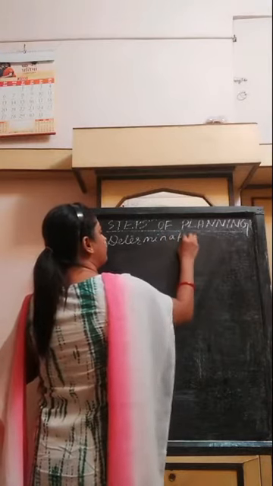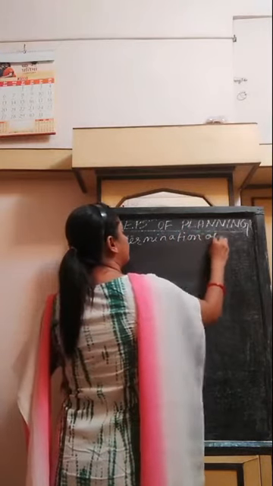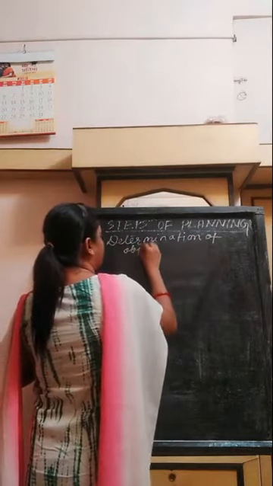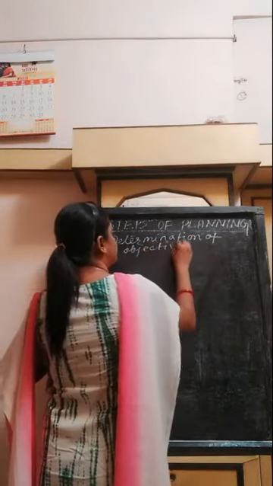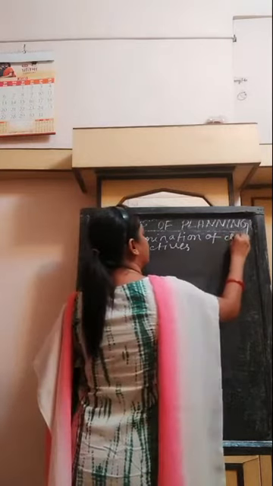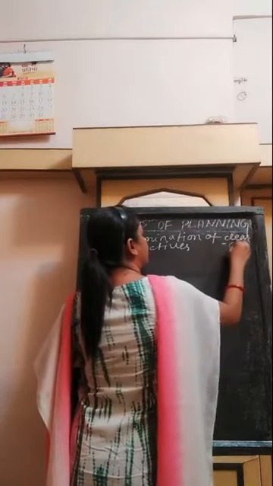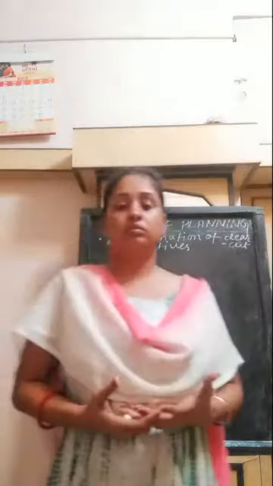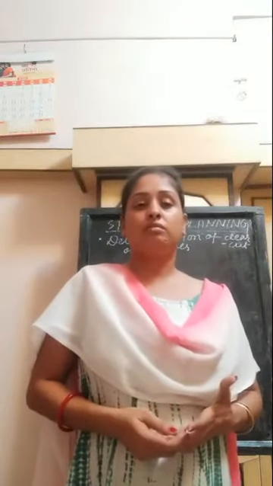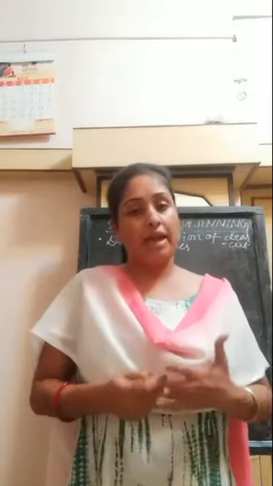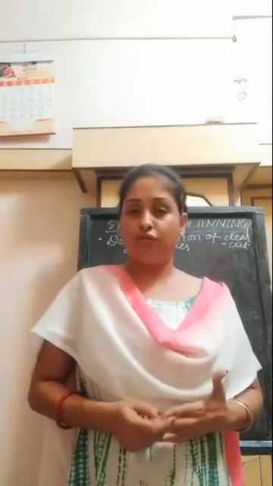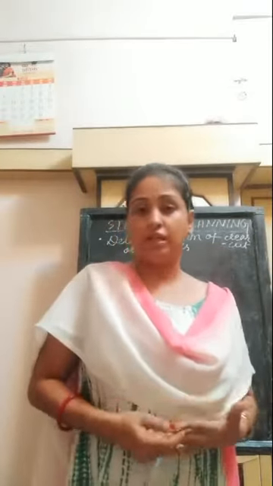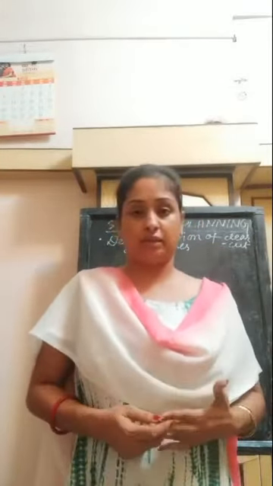Determination of objectives. Now, objectives indicate the end points of what is to be done, where it is to be done, how much is to be done, and by whom it is to be done.